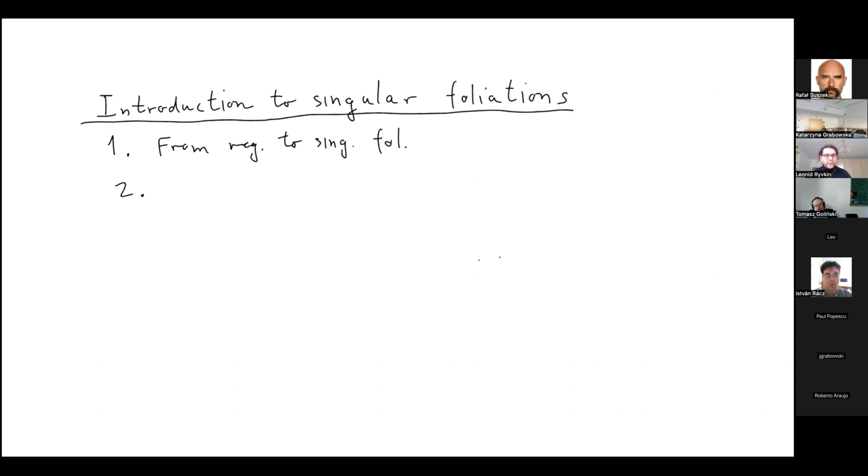And in part two, once we have established our objects, I will try to tell a few basic things about the first invariants one can cook up or local normal forms. So one has an image of how they more or less look and behave.